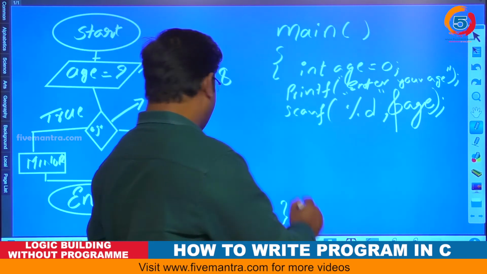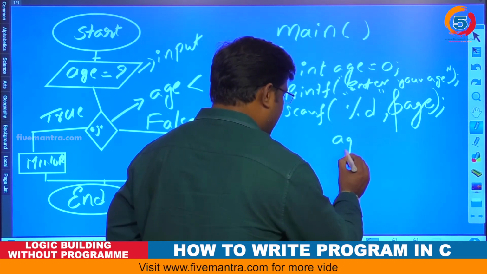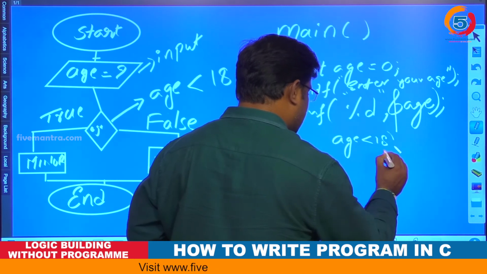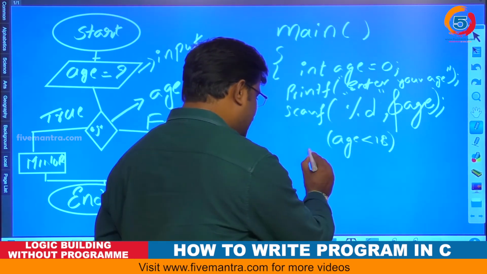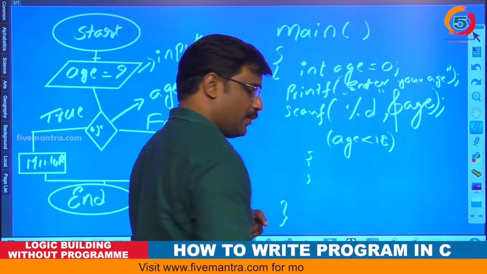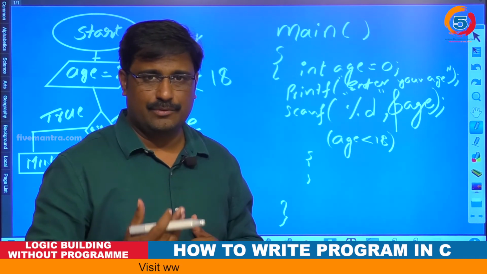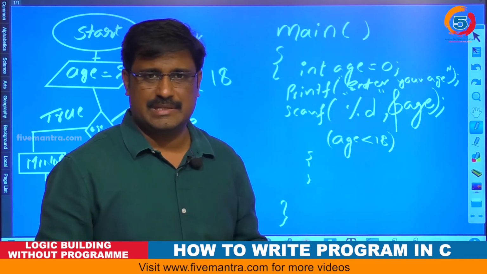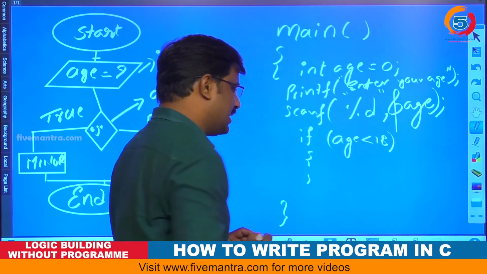What I have to do? I have to check whether age is less than 18. This is the condition I have. And if the condition is true, how do we handle that? Whenever you want to implement this type of logic, we have to depend on one important keyword, that is if. In any language it is if only, right? Keywords are in small letters.